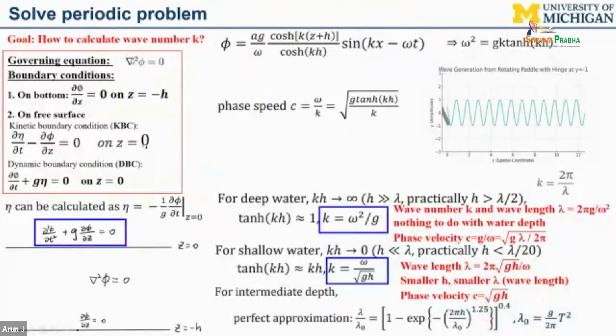You can get it from the potential flow function, then using boundary conditions. With this closed form solution, you can understand the relationship between wave number k and wave frequency omega. And deep water and shallow water will be different.